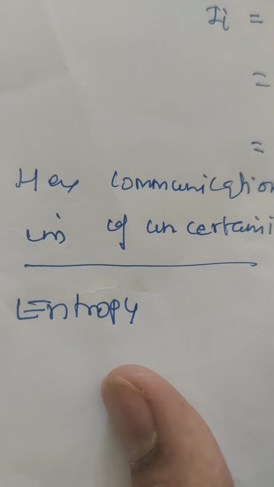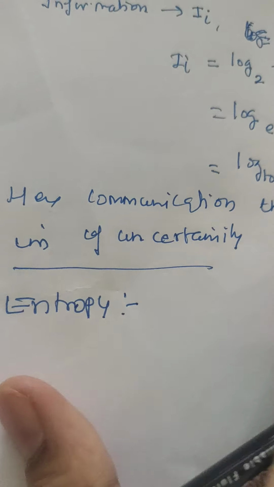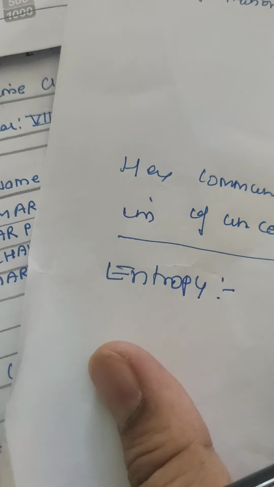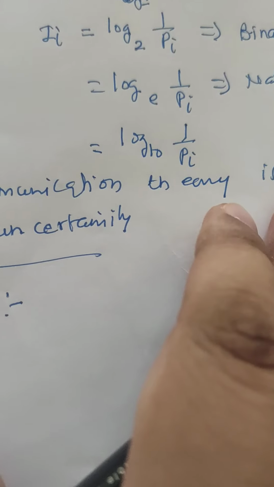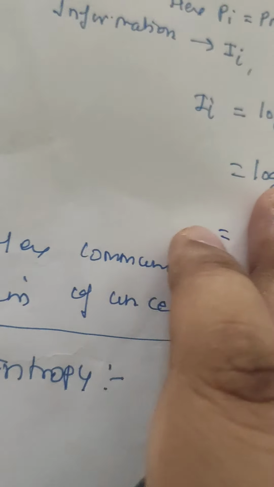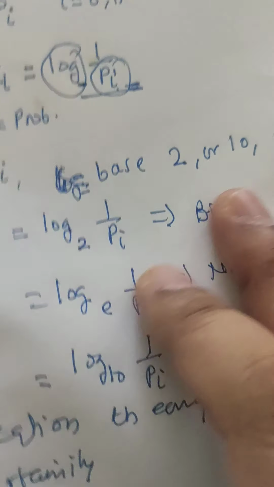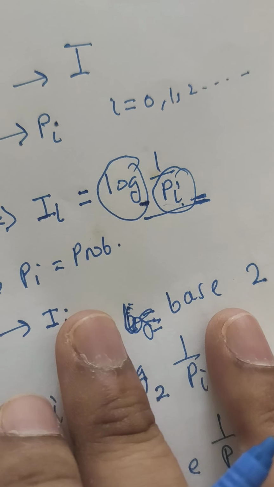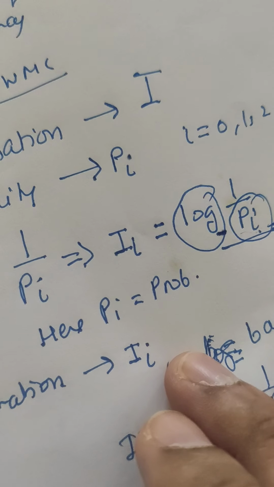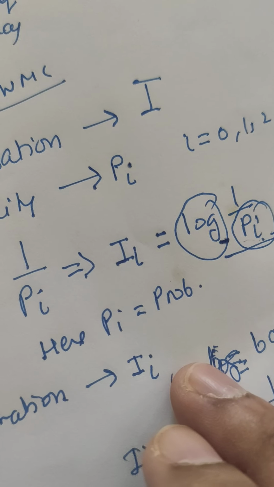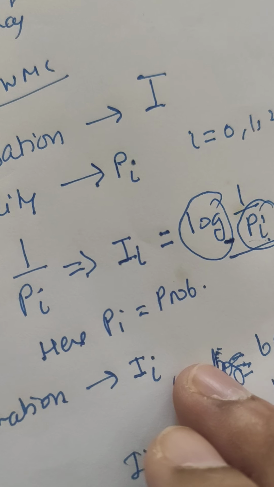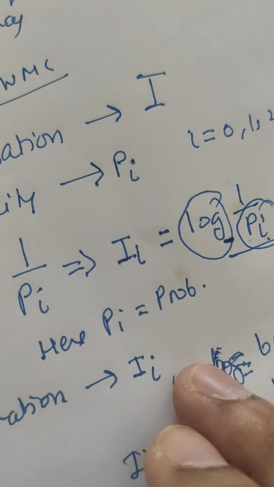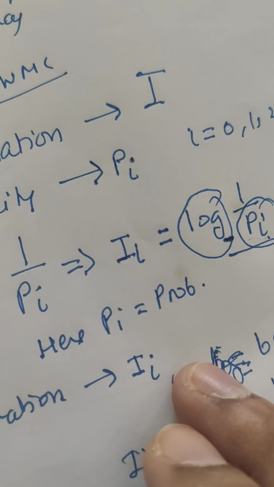Entropy is known as average information per message. Technically it is the ideal value, and it is denoted by H, or capital E.